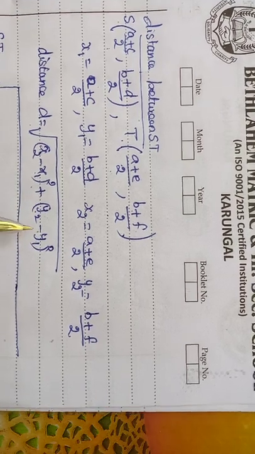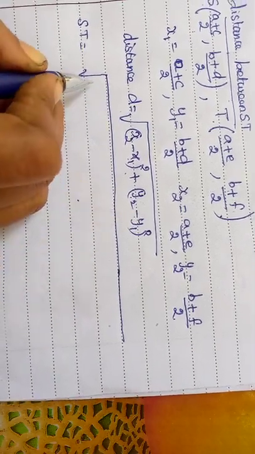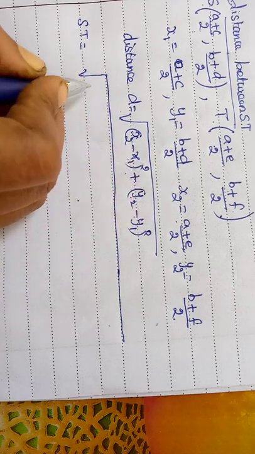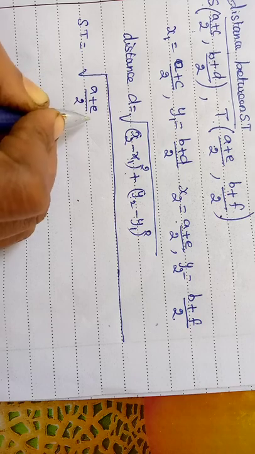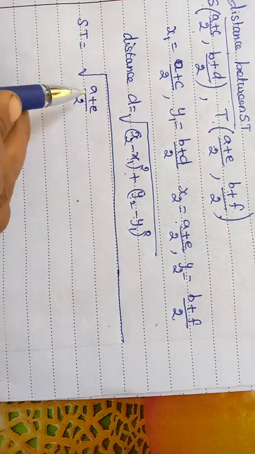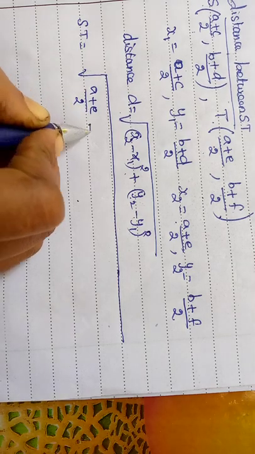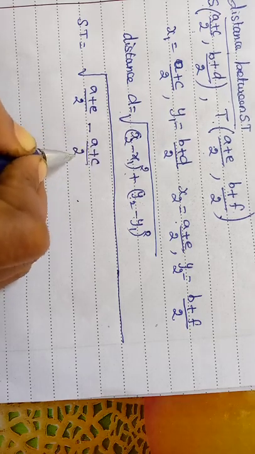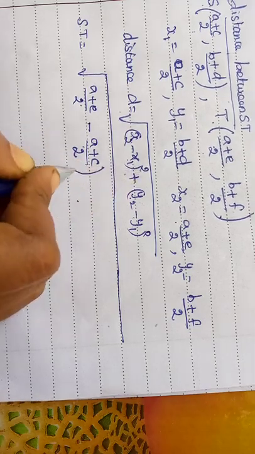Shall we substitute, students? Okay, listen carefully. What is x2? A plus E by 2. So we have x2 minus x1 the whole square: A plus E by 2 minus A plus C by 2, the whole square.